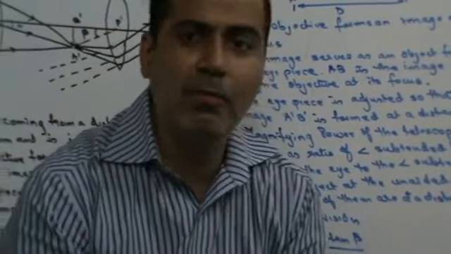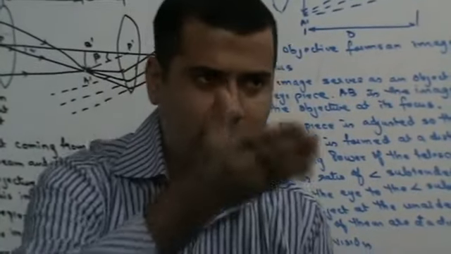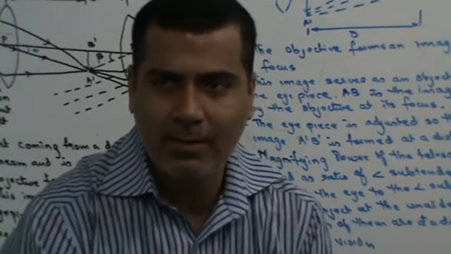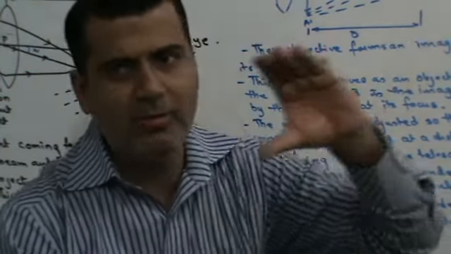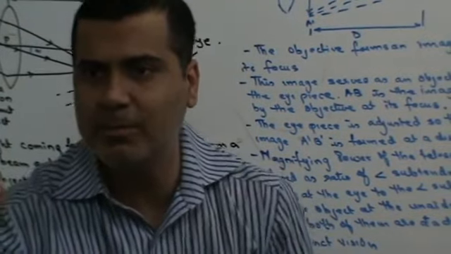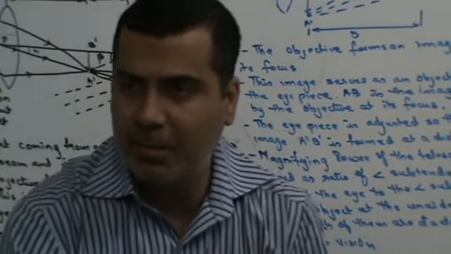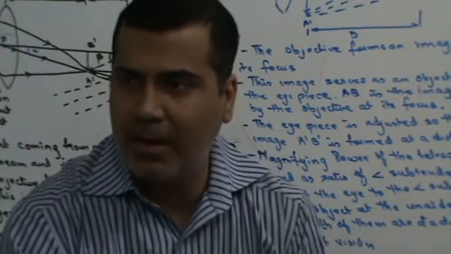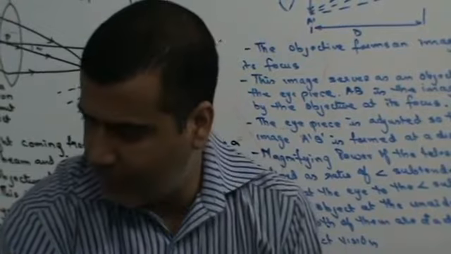Why are multiple images formed? Because the curvature of the lens is not exact. This kind of defect is called spherical aberration. Fine, do we get this thing clear?